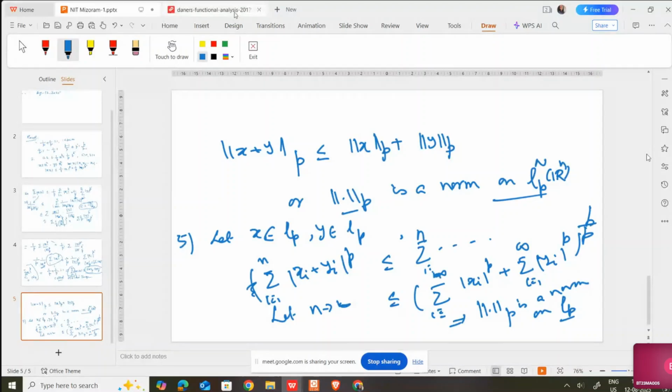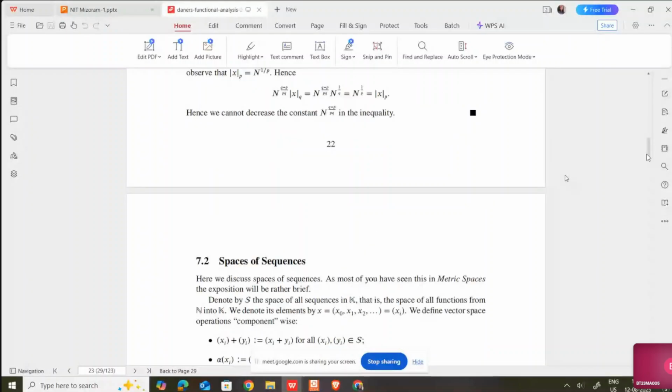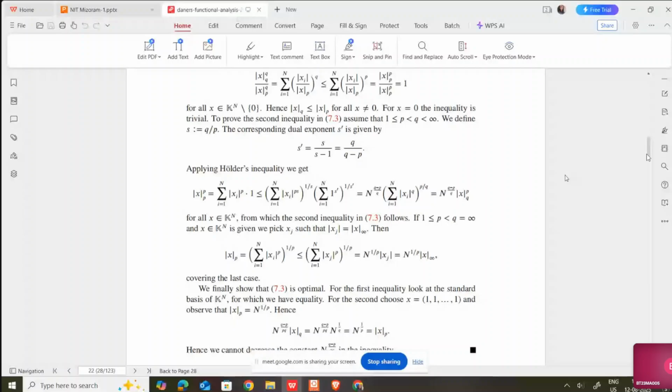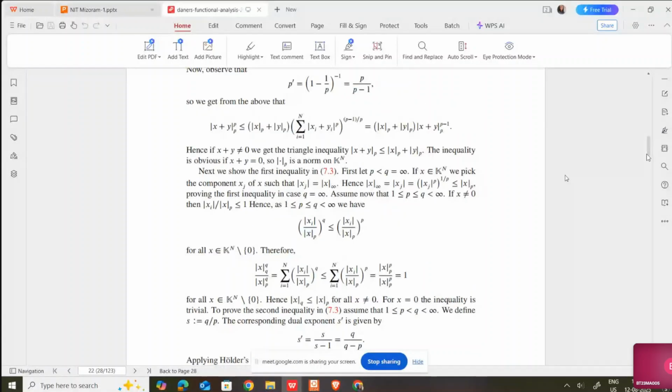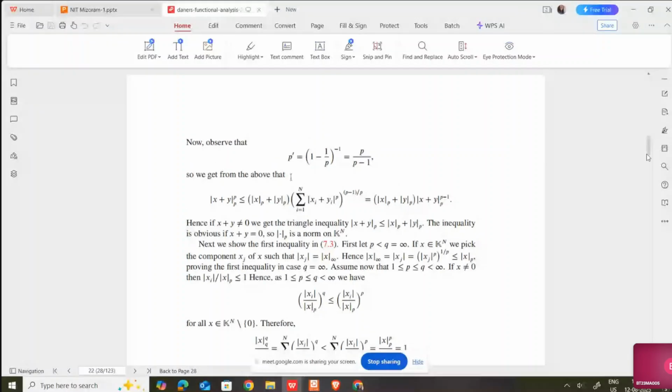Can you see it? Yes, sir. This is what I was saying, p prime equals p over p minus 1. Now we want to show the triangle inequality, which gives you the norm.